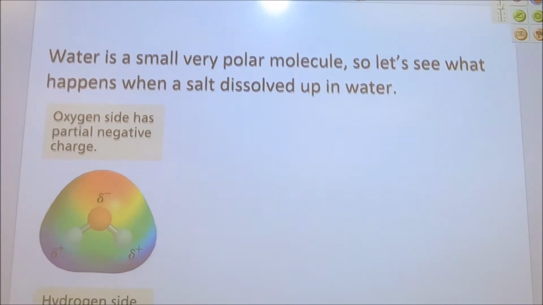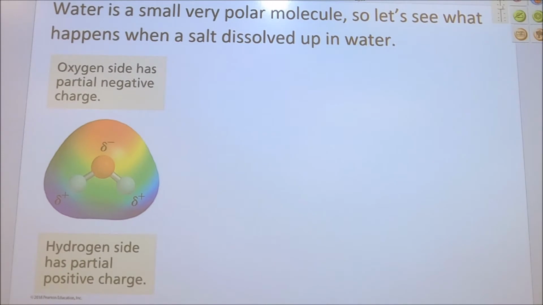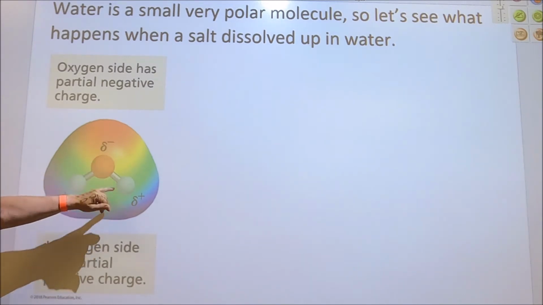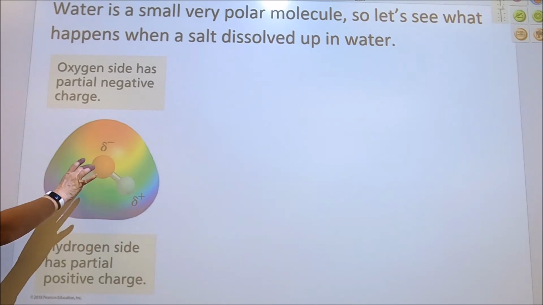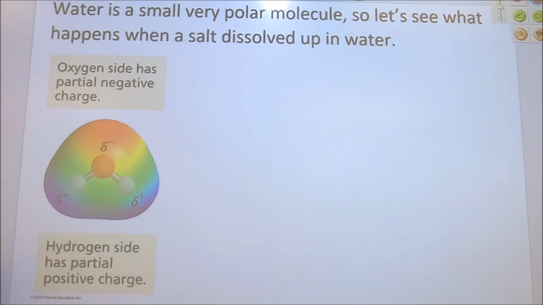Well, let's talk about things we know about water. We know that water is very small and it's a very polar molecule. So when we look at water, thinking about its bent molecular geometry and the fact that it contains two very polar bonds, we end up with a molecule that is overall polar.